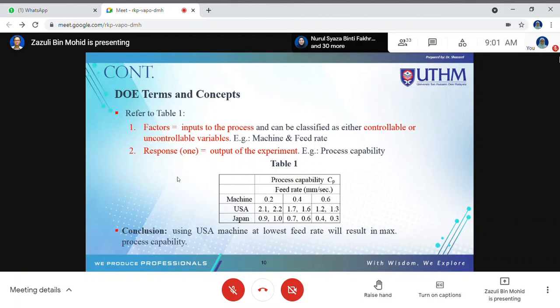We can call them input parameters. They are controllable, but sometimes also uncontrollable. But most of the time, they are controllable and selectable. It depends on us. The value of factors depends on us, which value we want to use in our experiments.